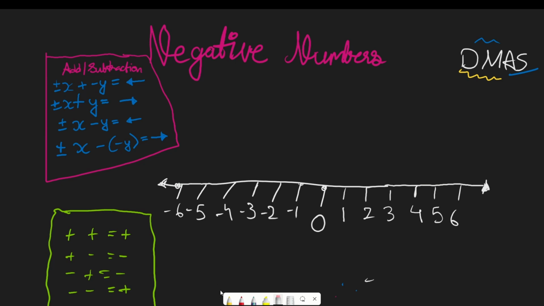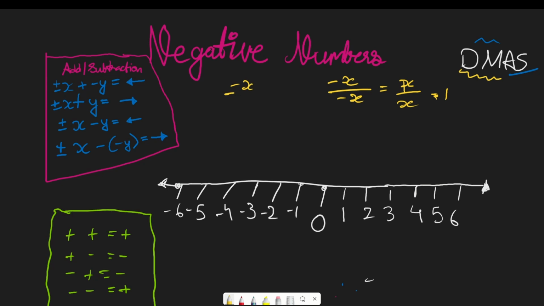Of course, division is just multiplying with the reciprocal. So when you have minus x by minus x, you get 1, because x by x will give you 1. This is equal to x divided by x is equal to 1.